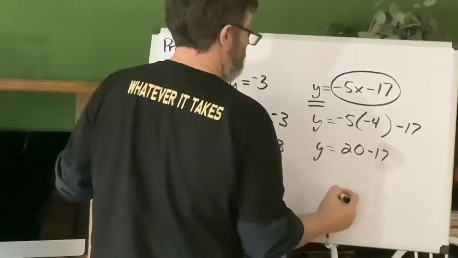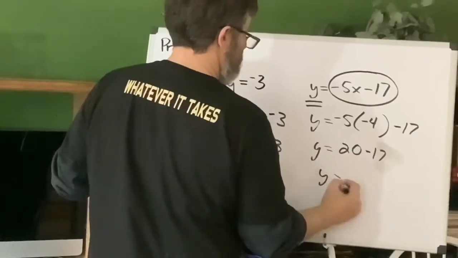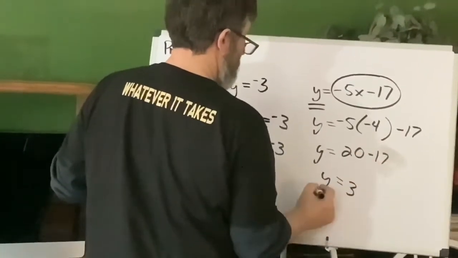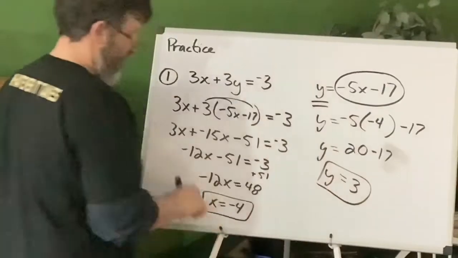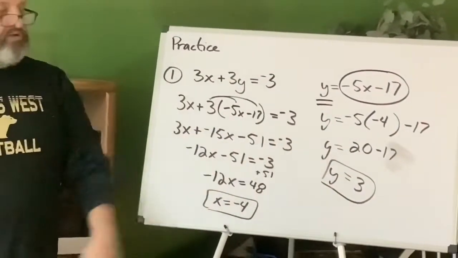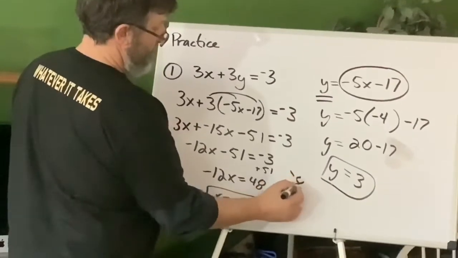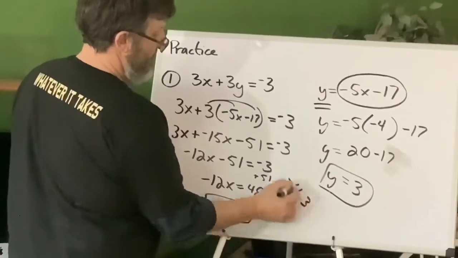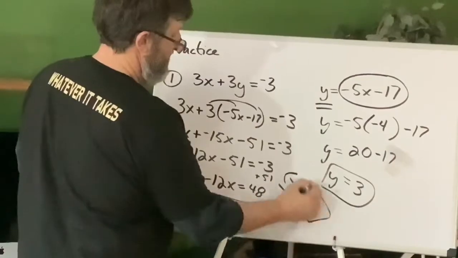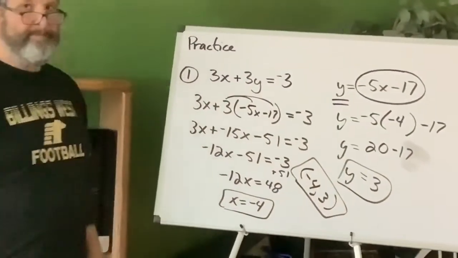Minus 17. y equals 3. 1 point for x, 1 point for y, 1 point for reporting the answer properly. Negative 4, 3. Bam.